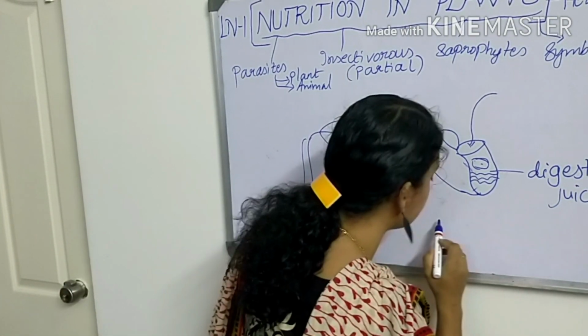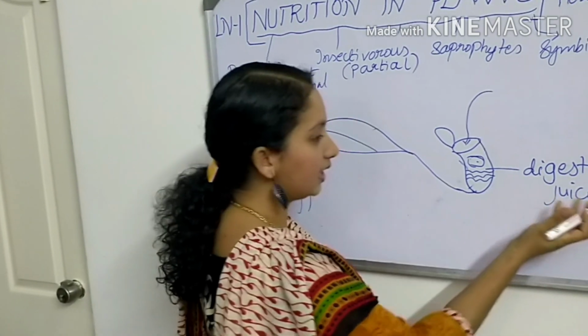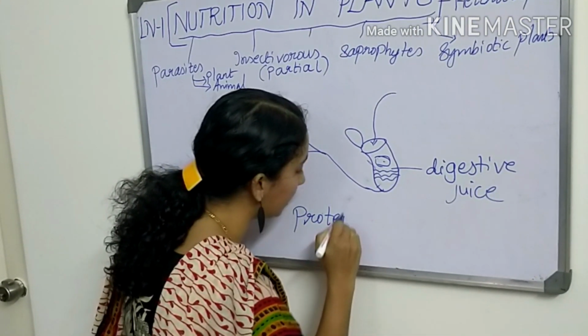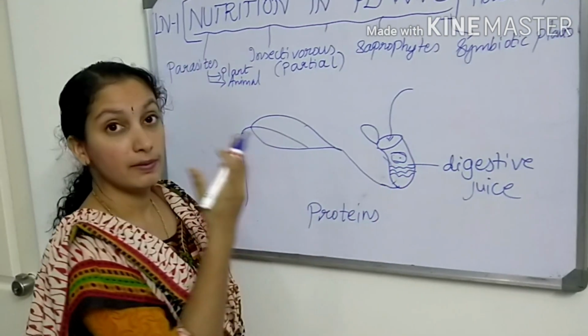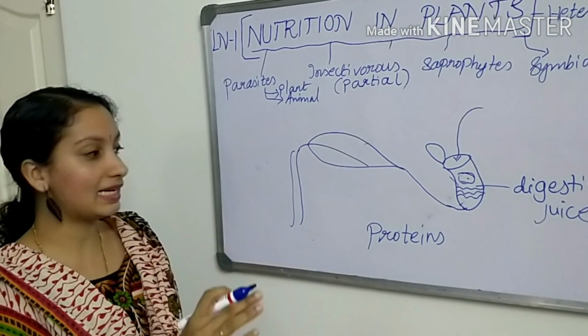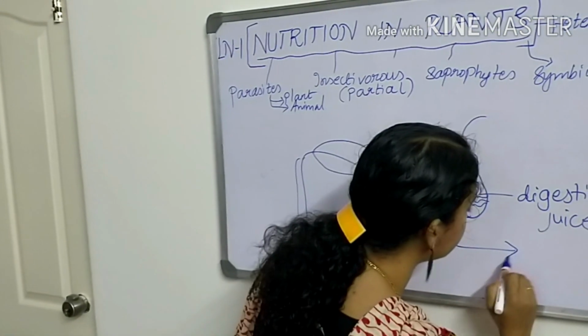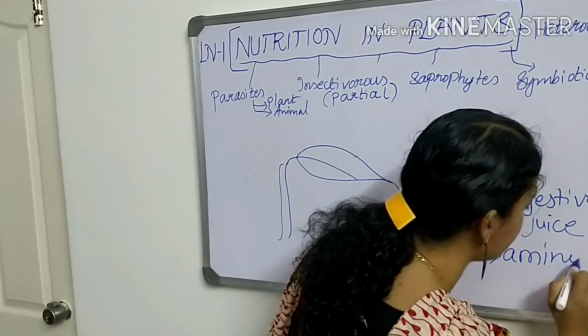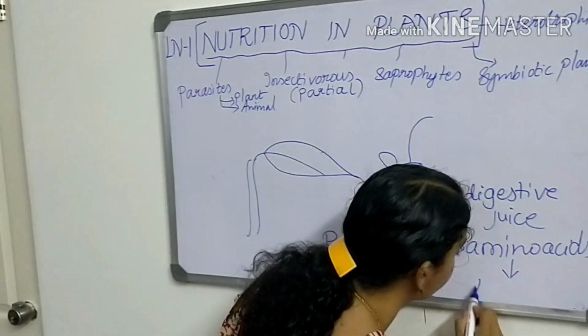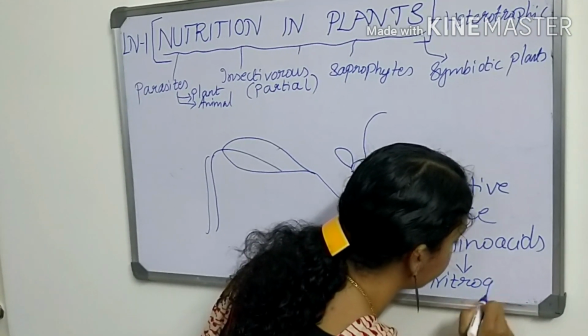So what is the function of digestive juice? It contains some digestive enzymes so that the proteins released from the insect after killing it are changed to amino acids. These amino acids are forms of nitrogen compounds.